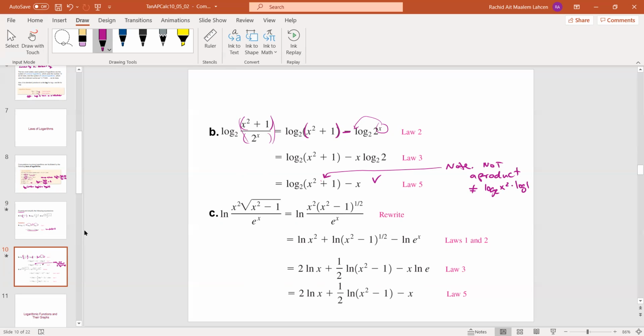And this is the final thing. If you have radicals, of course, you need to switch them to their rational exponent, this 1/2. And that's going to give you now a product here, and it's going to give you a division, which is a subtraction here. So that's where the product comes, and this is where the subtraction comes. And after that, we take care of the exponents to come to the front.